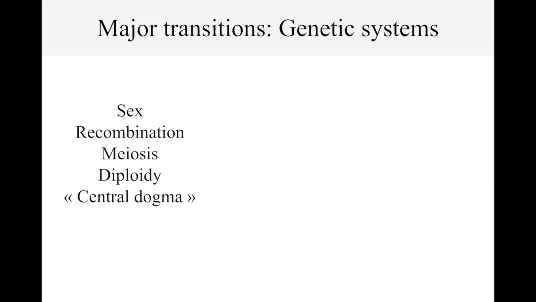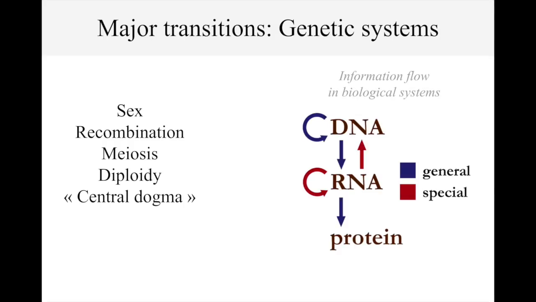And this type of transition involves things like sex, recombination, meiosis, diploidy. I will explain some of those terms. And the central dogma. The central dogma, you perhaps heard about it. It was put forward by Crick, after the discovery of DNA. The logic is that information flows in biological systems from DNA to RNA to proteins. That's the blue arrow here. And this central dogma is about this flow of information.